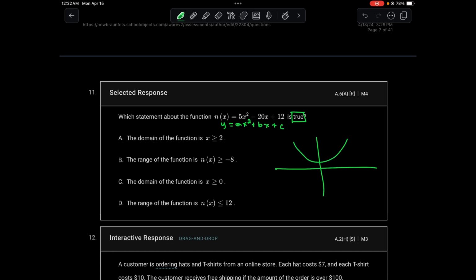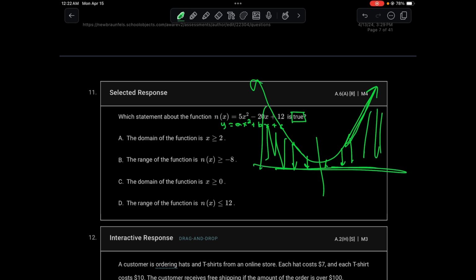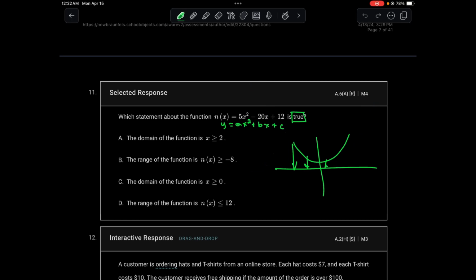So let's take a quadratic. For the domain you have to project onto the x-axis, and because it's expanding forever, you keep projecting forever, and eventually you will cover the entire x-axis. So the domain is always all real numbers.